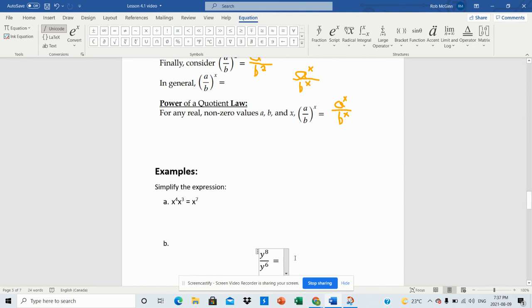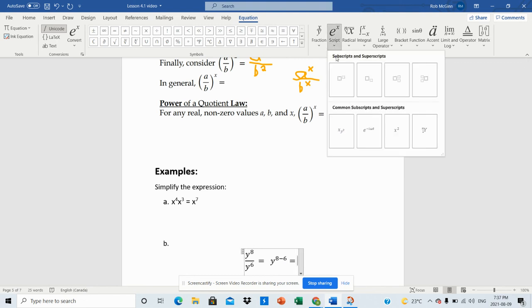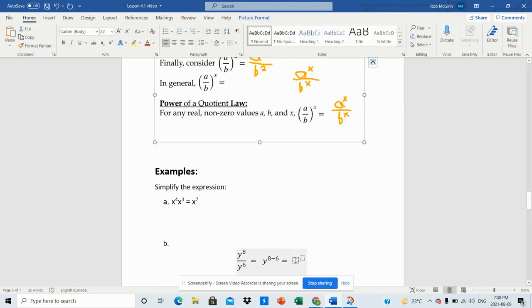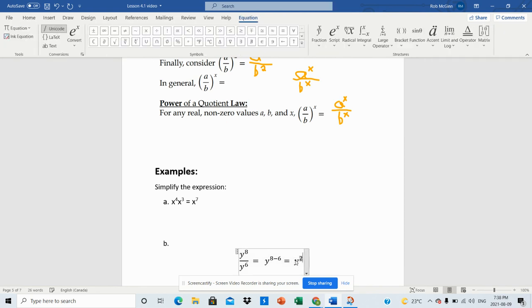That's going to be the same as y to the 8 minus 6, which equals y squared.